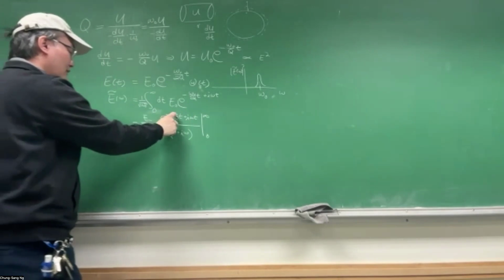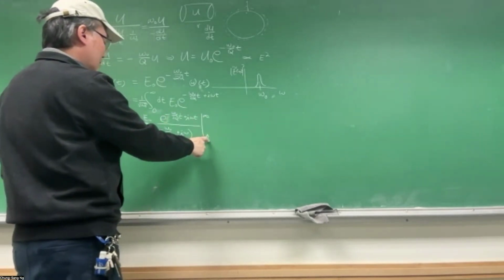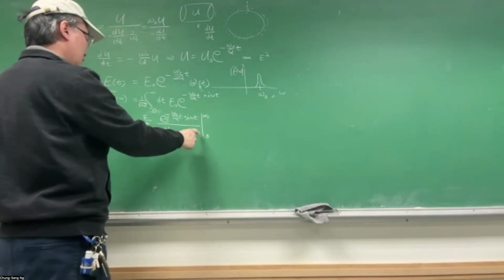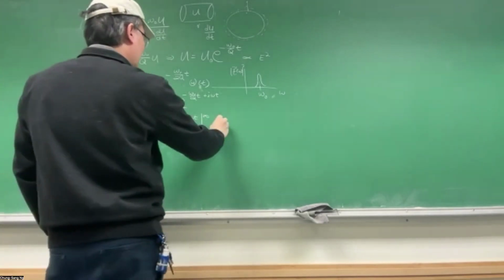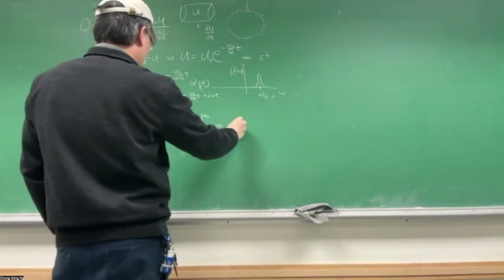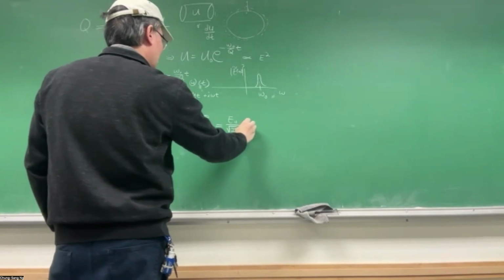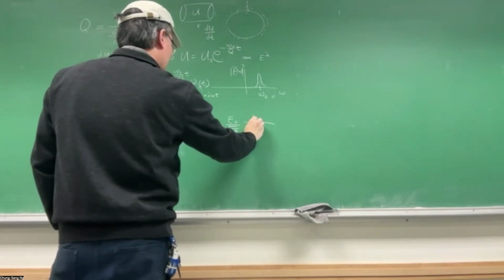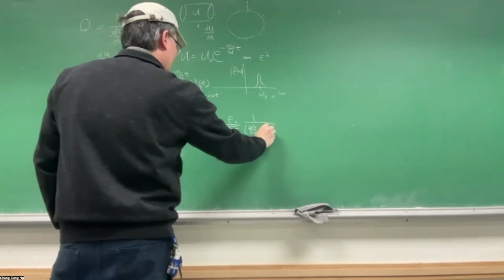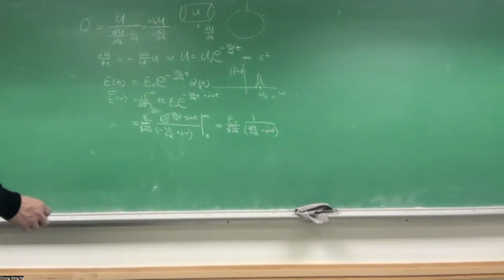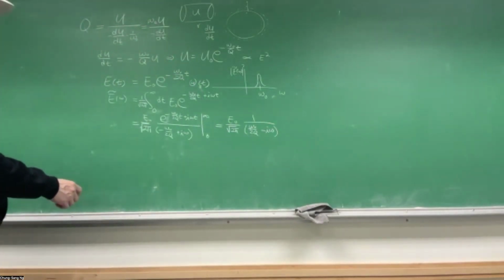The whole thing is 0, so the only contribution is from t equals 0, in the negative limit. So 0, 0, minus that. All right, so that is straightforward.